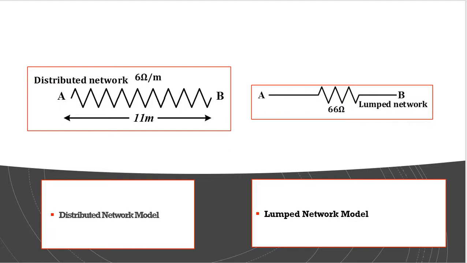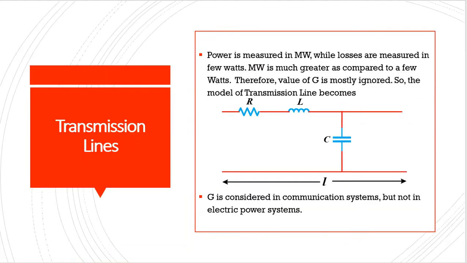After this concept, let's move on to the next slide, where I have to tell you why we ignore G, right. Power is mostly measured in megawatts, while losses are always measured in a few watts, right. As you know, the term megawatt means 10 raised to the power 6 watts, which is very much greater than a few watts.